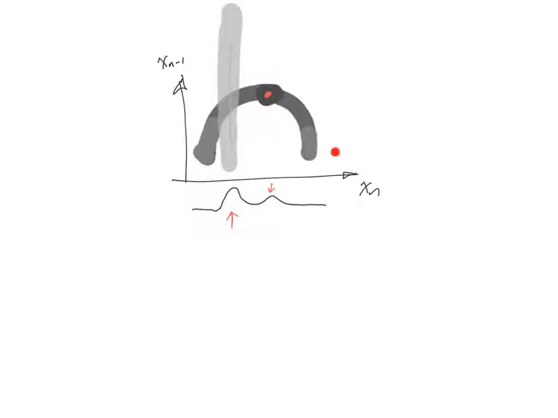If you think of this as a rough color map, where that's the peak of the joint, but when you integrate the total area accumulated across x of n minus 1 to get our marginal probability, the marginal probability might look something like this, because we're accumulating the area of all of this possibility over a wide range of x of n minus 1, when really the peak of the joint is in a different place. So conceptually, that should be enough to persuade you that it's possible, at least.